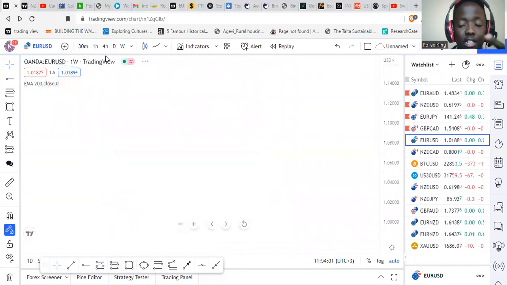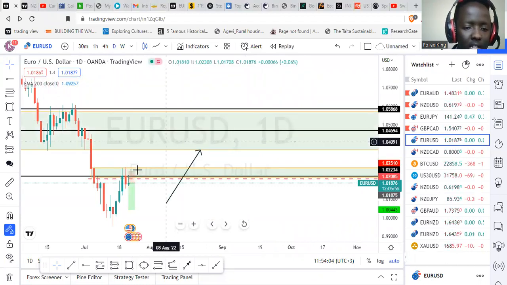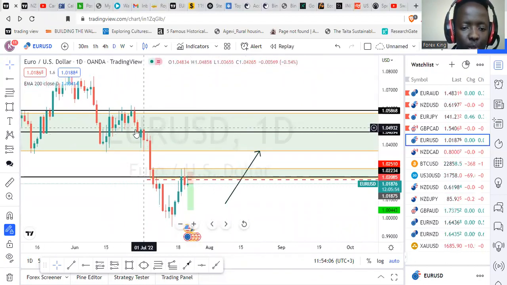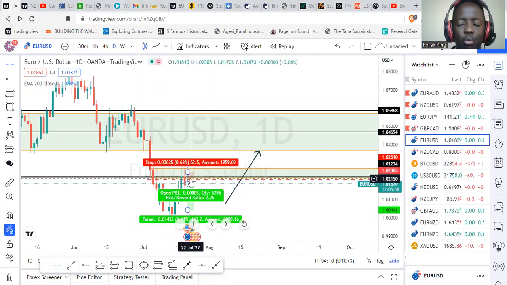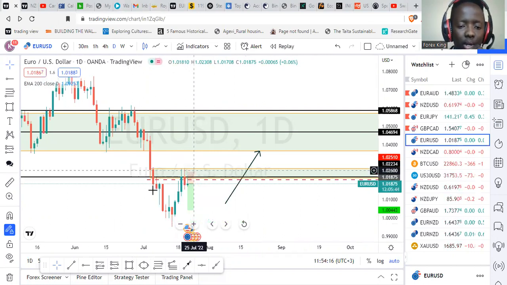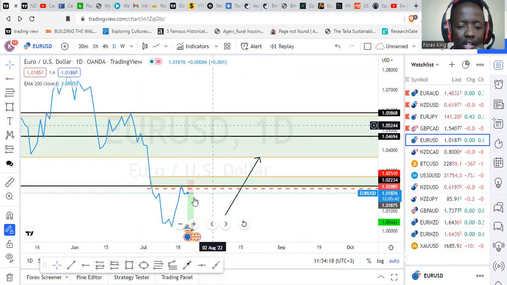Now, on the daily time frame, however, we can clearly see price pushing down. There's a momentum shift towards the downside. There is exhaustion, which we can clearly see on the daily level where we added our small S and R lines.